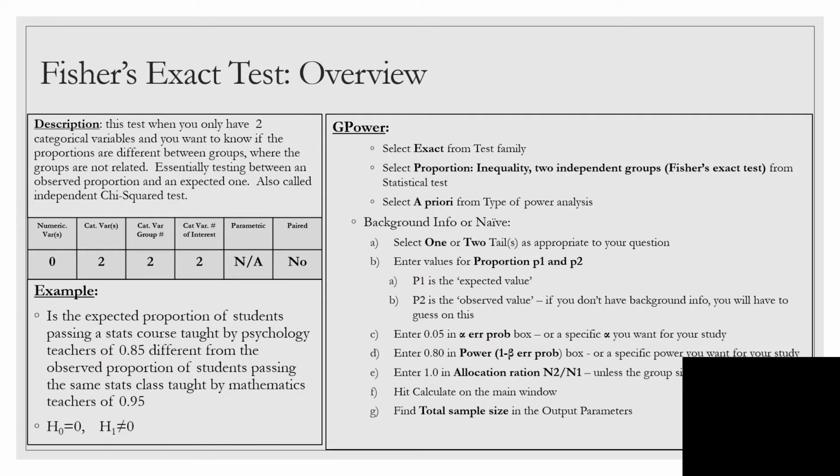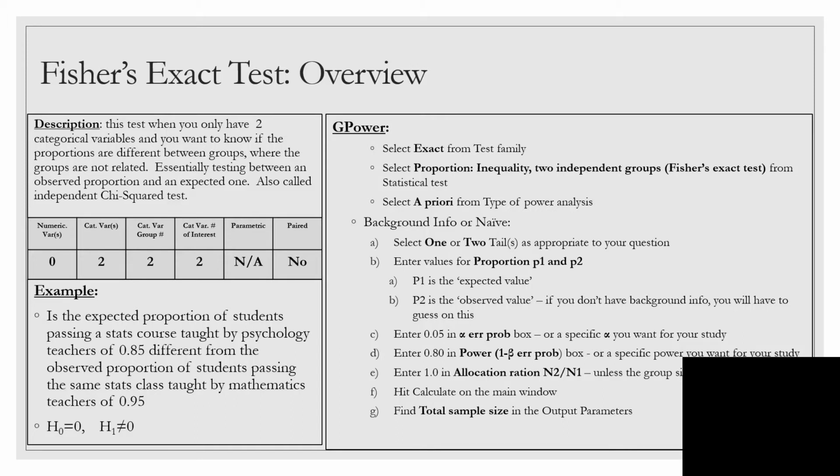Next, let's take a look at the Fisher's exact test. This is similar to the proportion test, but now you're looking at the difference between groups when the groups are not related. So instead of a group proportion against a constant, it's two different group proportions.